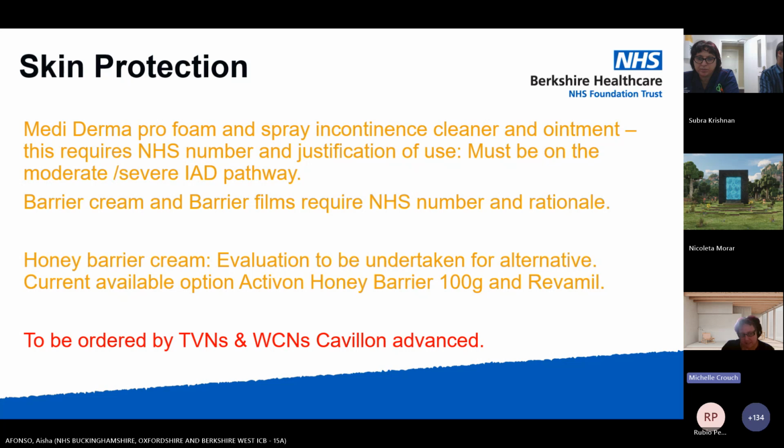The honey barrier cream, we will be doing evaluations to undertake on that. The current available option across Bob will be the Activon honey barrier and Revimil. The Cavalon Advance will be going on specialist formulary only. That means for the wound care nurses in Berkshire West and TVNs across Bob will be able to order the Cavalon. Next slide, please.